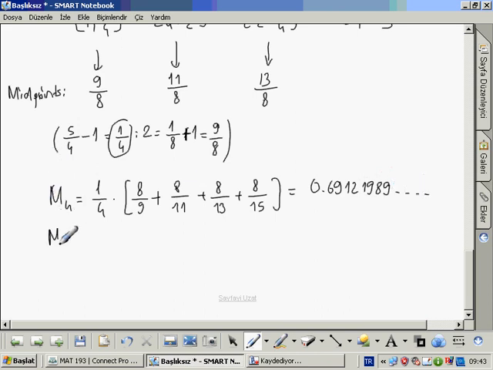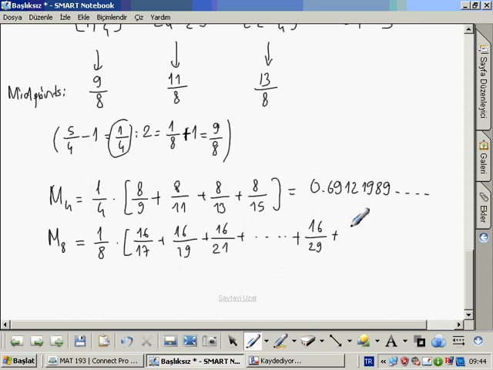And when you calculate M8, you will find 1 over 8 times (16 over 17 plus 16 over 19 plus 16 over 21 and so on, up to 16 over 29 plus 16 over 31), which equals 0.6926605.